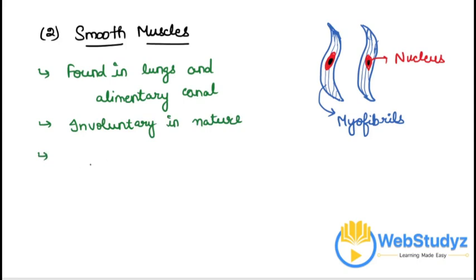The third point is they have one nucleus. They are also uninucleated, as we can see in the diagram, each muscle fiber has only one nucleus. Two or three nuclei are not present.